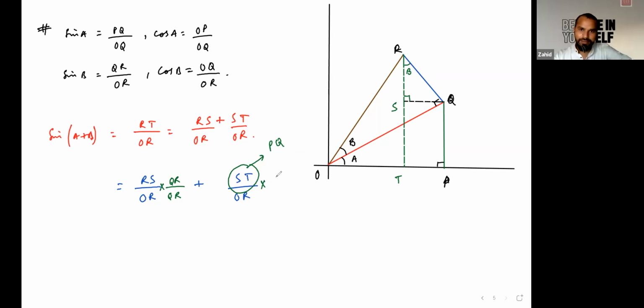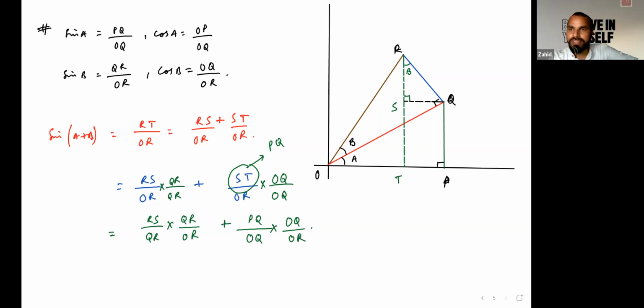So if you multiply it by OQ and divide it by OQ, we can simply write it as RS over QR into QR over OR plus PQ over OQ into OQ over OR.